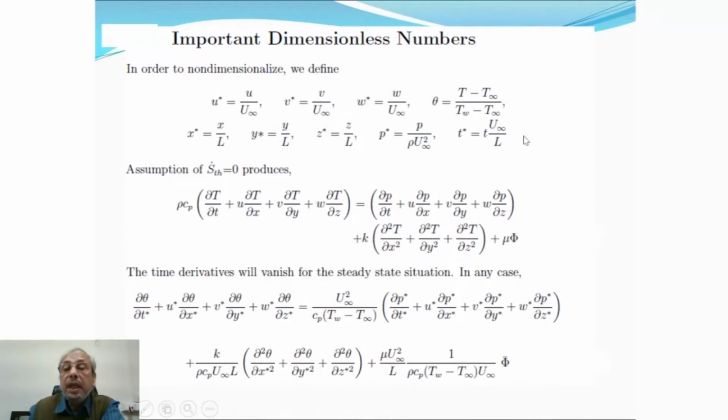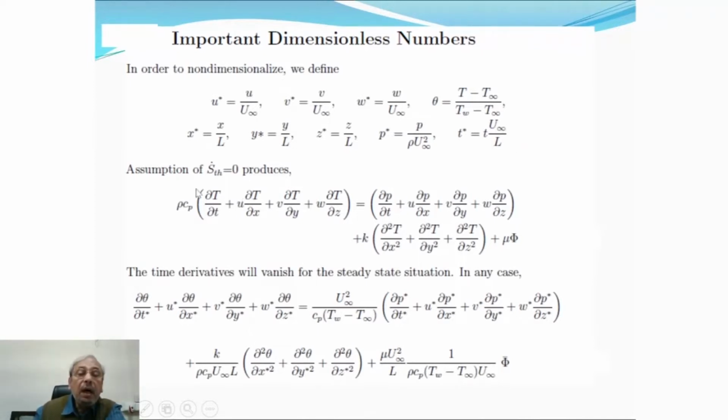So if we divide time by that quantity, then we get T into u infinity by L. So T star is the non-dimensional time. Time has been non-dimensionalized by the convective time scale.